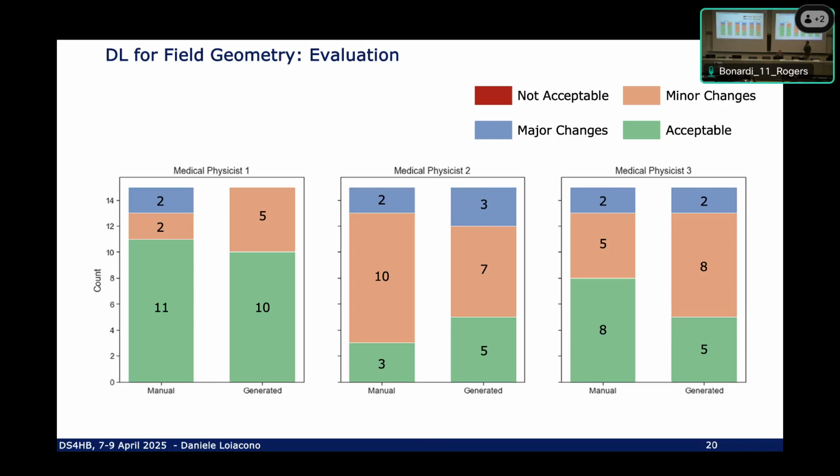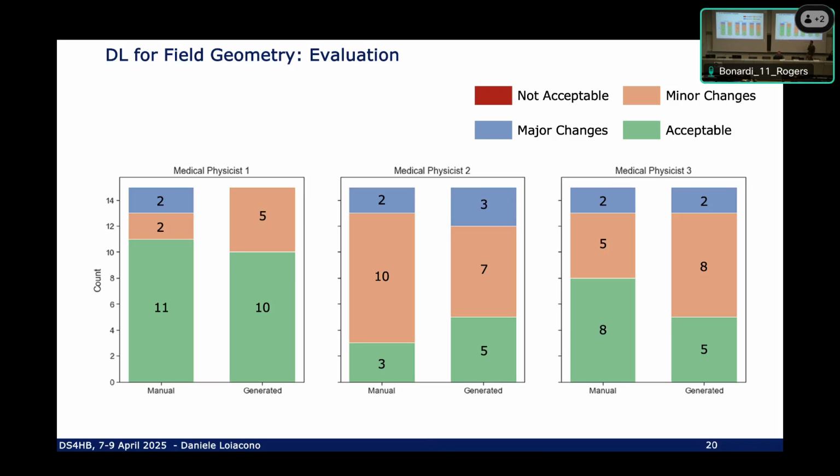The results were very promising. None of the plans generated by AI was considered non-acceptable by the medical physicists. And also there is quite similar performance in terms of the evaluation of the physicists if we compare manual plans and AI-generated plans.